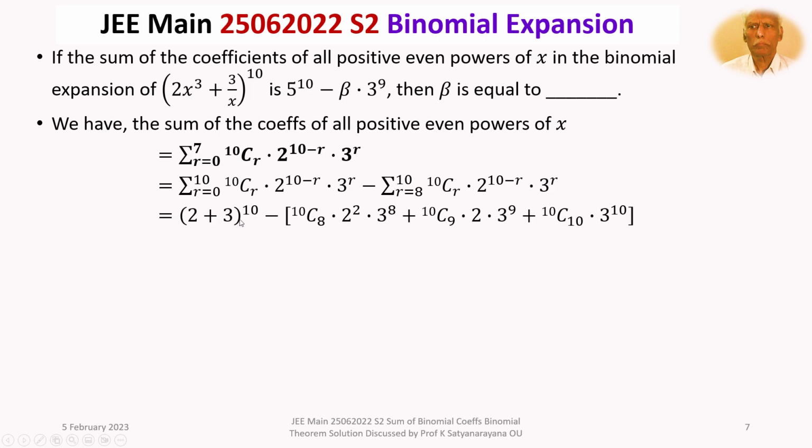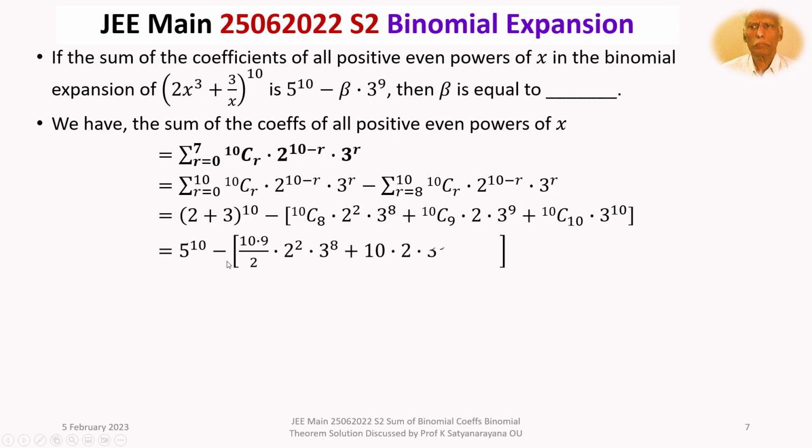Now (2 plus 3) to the power of 10 is 5 to the power of 10, which we see in the question here. Minus is also there. Now 10C8 is same as 10C2. 10C2 is 10 into 9 by 2 factorial. And 10C9 is 10. 10C10 is 1.